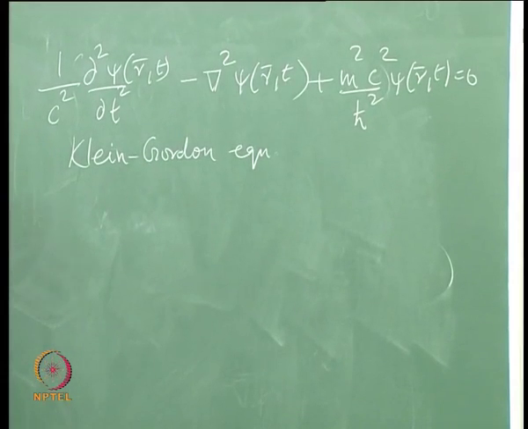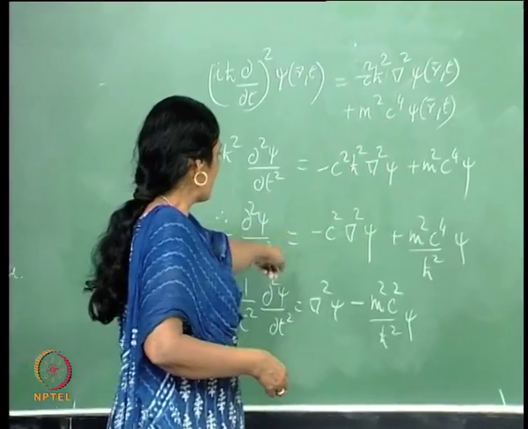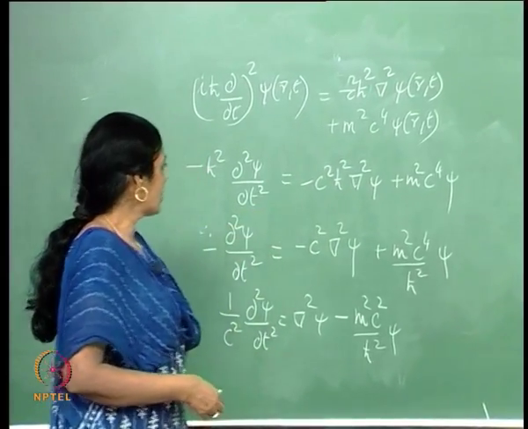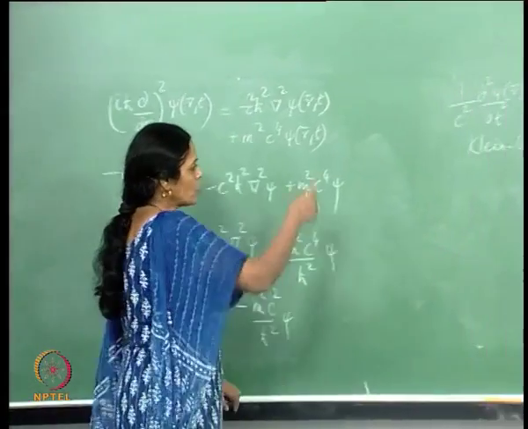For an object with rest mass m moving with momentum p, and the p has been suppressed because I have got an i h cross del replacing the operator p. So this is what I have.